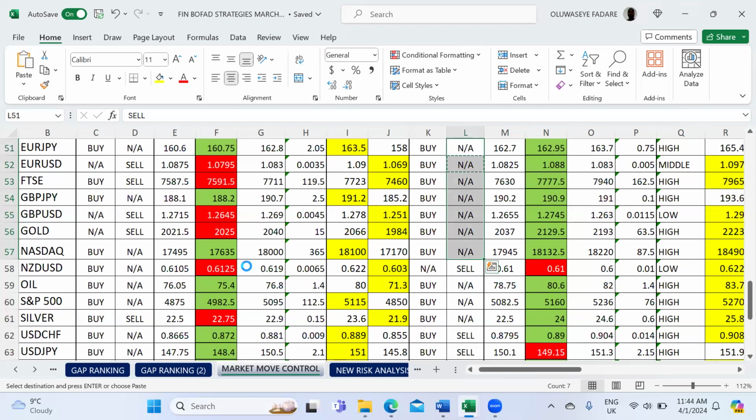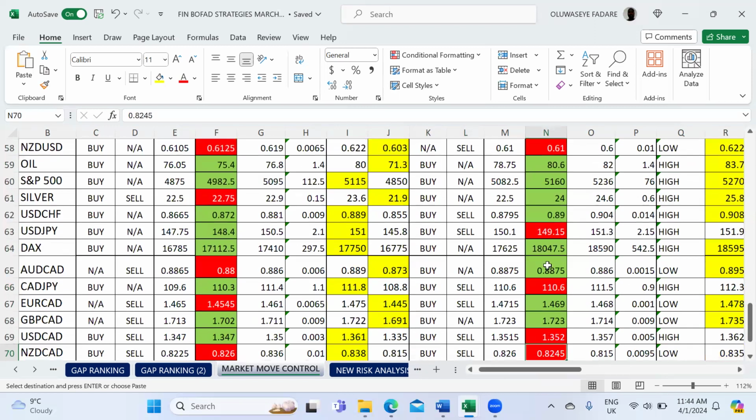So from 75 to 80, that's a buy. From 49 to 51, that's a buy. From 22 to 24, that's a buy. From 0.872 to 0.89, that's a buy. From 148 to 149, that's a buy as well.